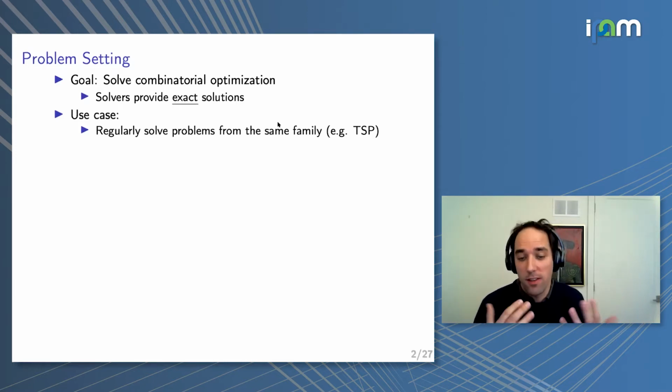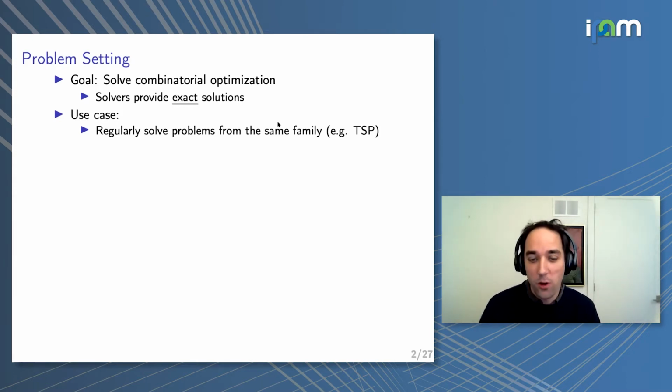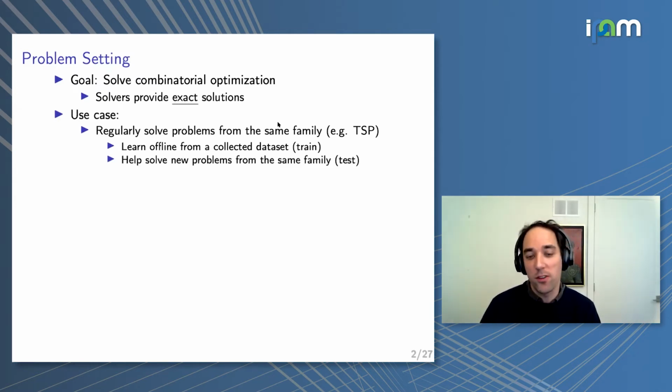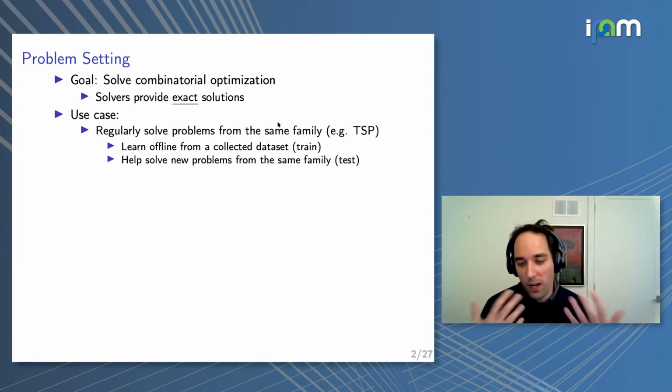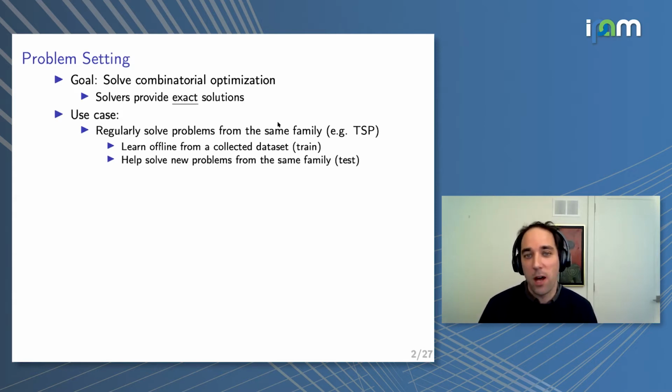Imagine that every day you have to solve a slightly different instance of a TSP problem. Of course, this use case is interesting for machine learning because you may be able to collect historical data, train with that data, and then use your machine learning heuristic to help the solver solve new problems faster.